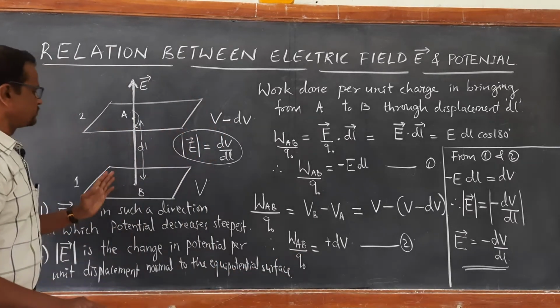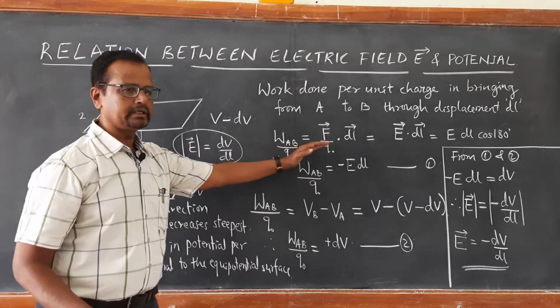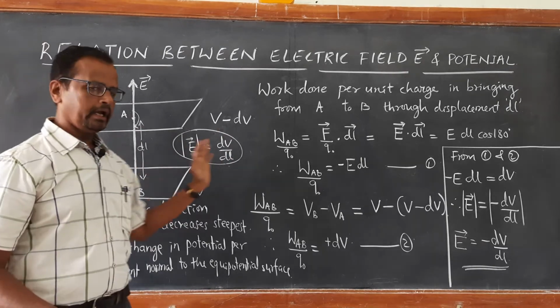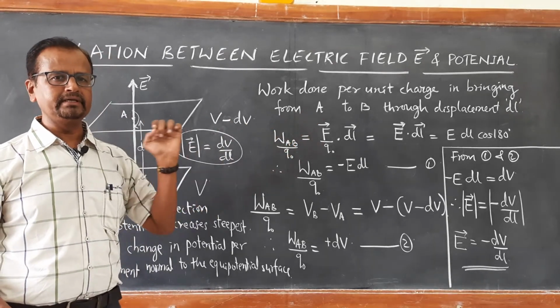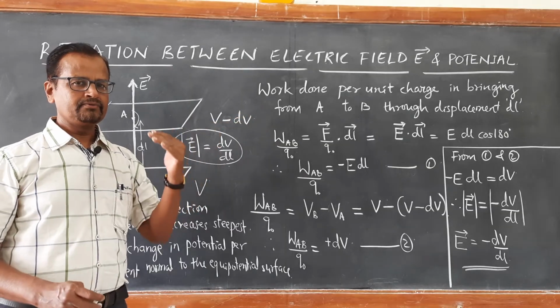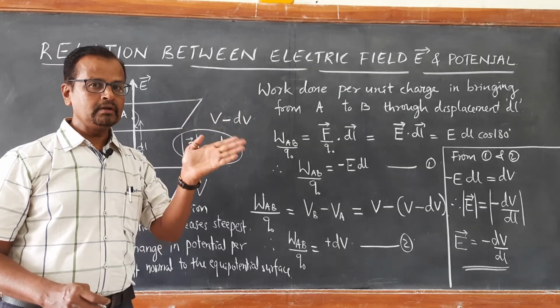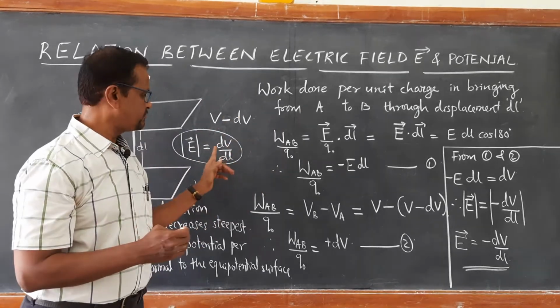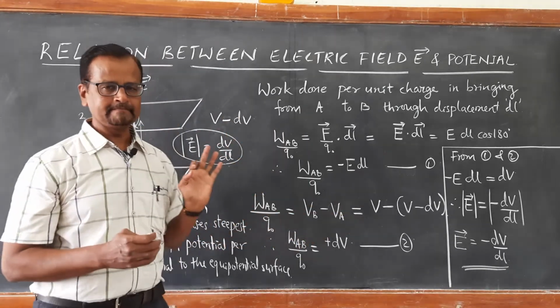Therefore, we have followed that whenever there is a particular direction of electric field, whether it is radial electric field or any type of electric field, it is always directed in such a way that from point to point, if you go normal, there is a drop in potential, there is a decrease in potential. That is the meaning of minus dV by dl. Okay.